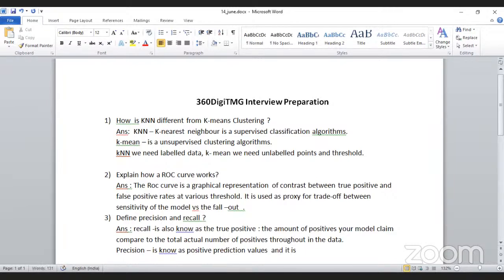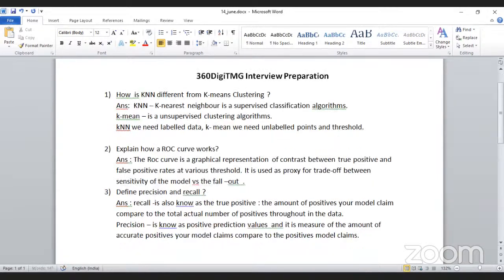And how is it calculated? It measures the amount of accurate positives your model claims, compared to the positives the model claims.